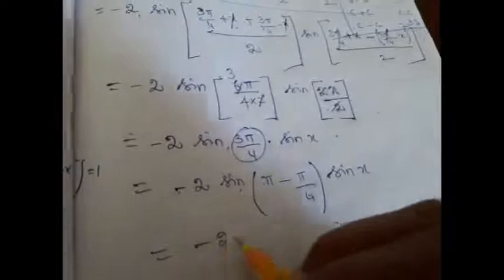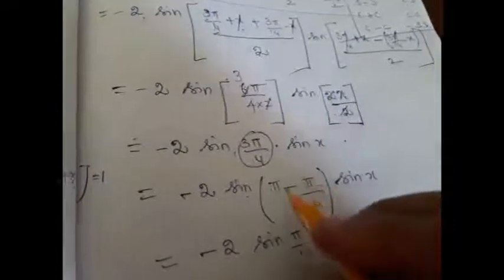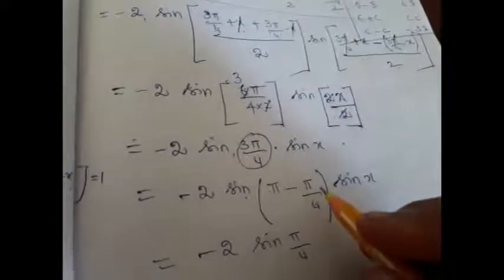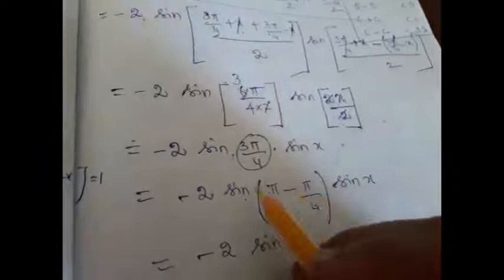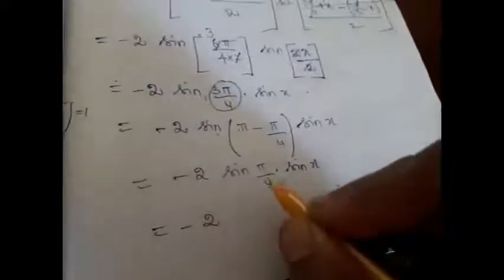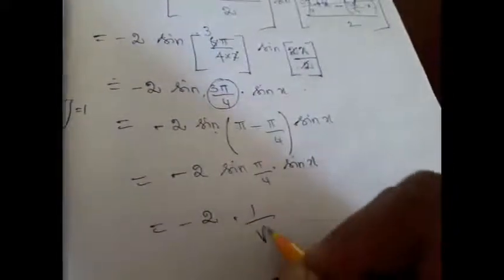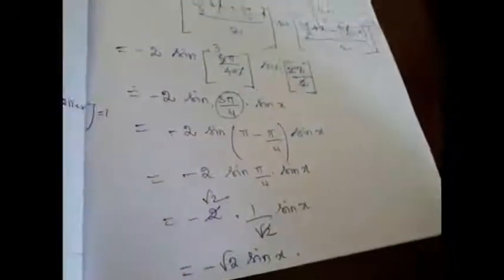So this will become minus 2 sine pi by 4. But you have to check the sign. When it comes to pi minus pi by 4, it will lie in the second quadrant, where sine is positive, all silver. So sign will be positive only, into sine x. But what is sine pi by 4? Sine 45 is 1 by root 2, into sine x. Now this 2 and this root 2 I can cancel, so I will get root 2. So your answer is minus root 2 sine x.